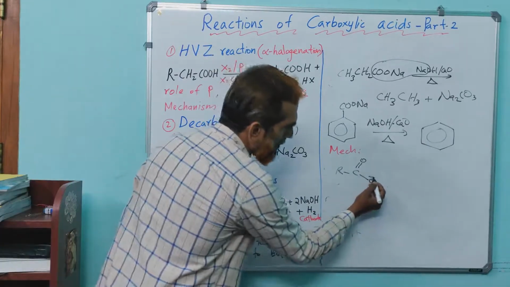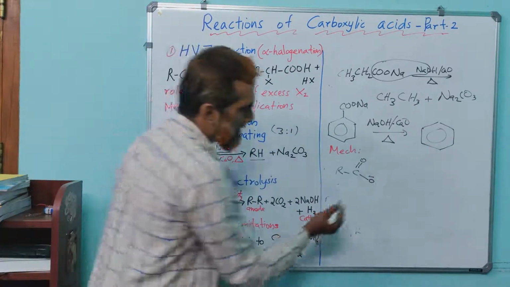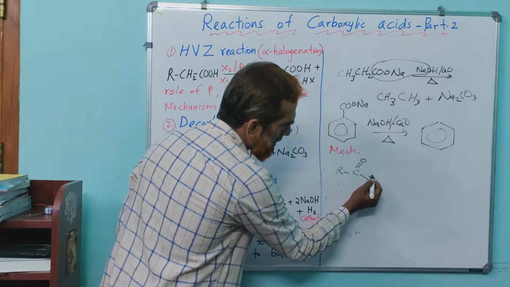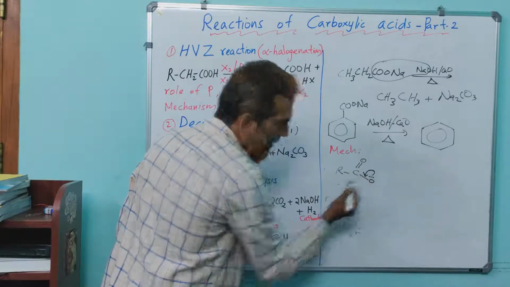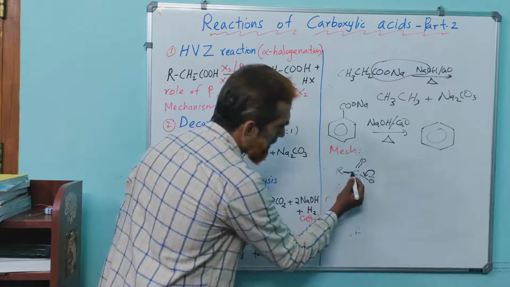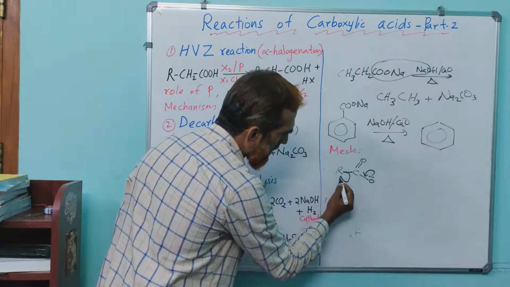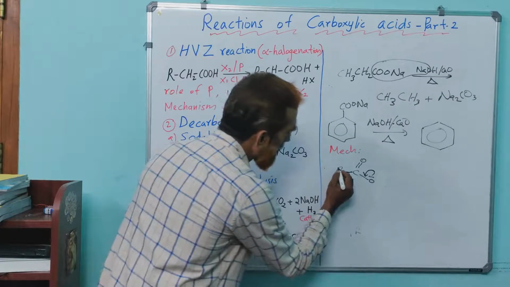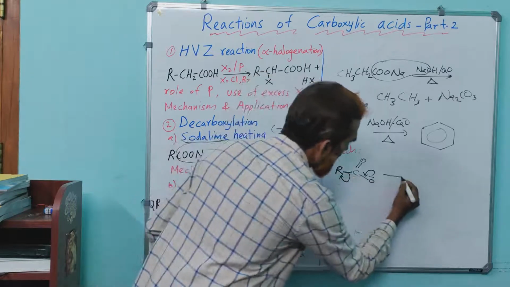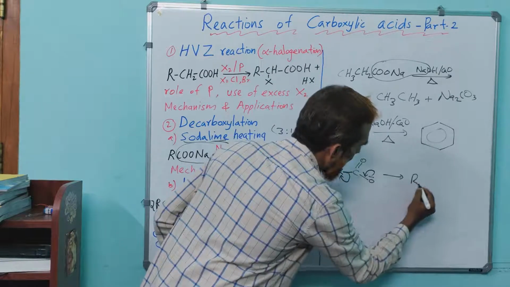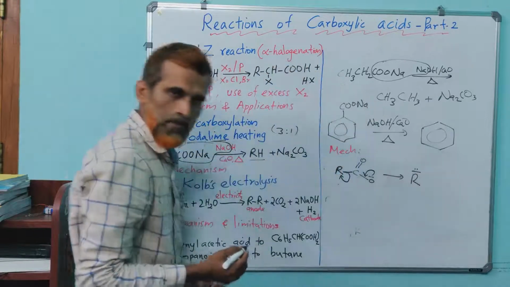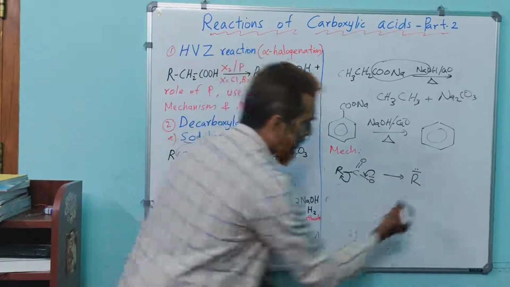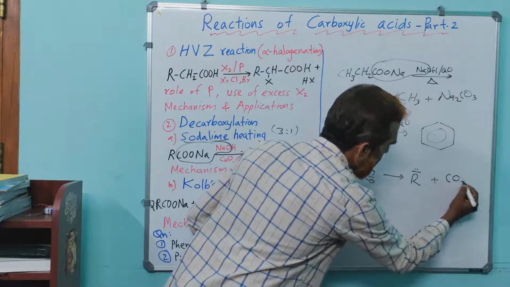This lone pair will form double bond here, so that this bond will be shifting heterolytically, breaking in favor of this alkyl group, so that it becomes R minus with a lone pair. That means it becomes a carbanion plus a stable CO2 molecule.